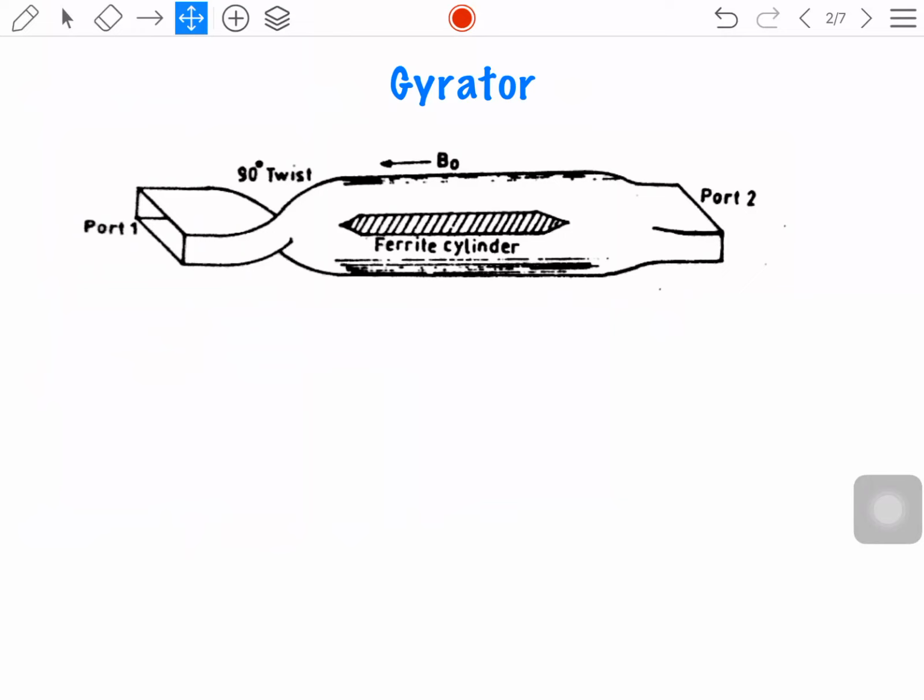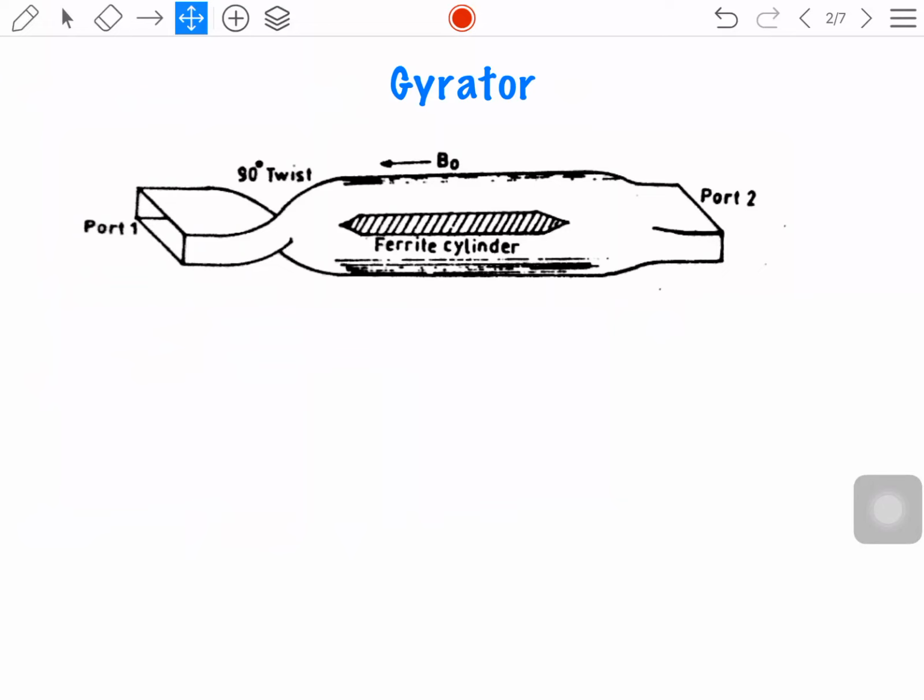Gyrator is a two-port device which has a relative phase difference in the phase shift of 180 degrees for transmission from port 1 to port 2 as compared with the phase shift for the transmission from port 2 to port 1.